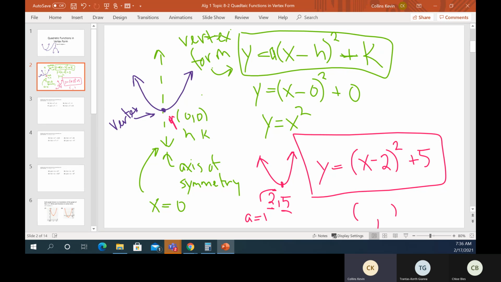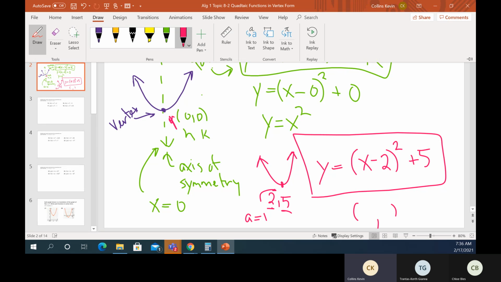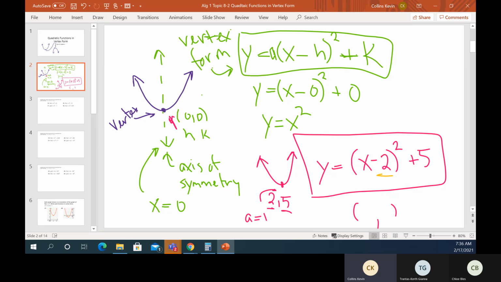So to tell somebody what the vertex is, we switch the sign on this guy, so he becomes plus 2, and we leave this guy alone. Just bring him down. 2, 5. There's our boy. So if they give you vertex form and ask you for the vertex, it's real easy. Switch the sign on the guy with the x, leave the other guy alone, and that's your vertex. So that's either your high or low point, depending on whether this number out front is positive or negative. Does that make sense?